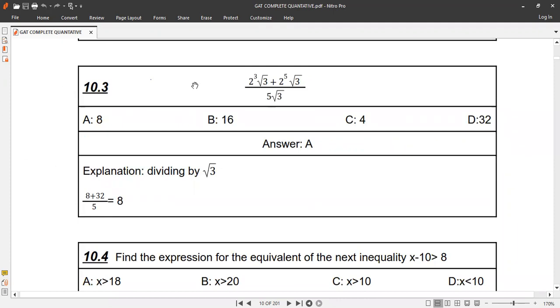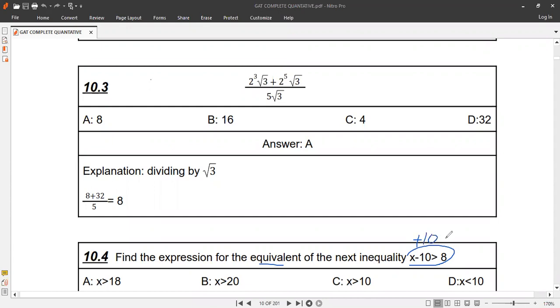Now find the expression equivalent to the inequality. So he wants the value of x. Directly, we need to isolate x. So we add 10 to both sides.